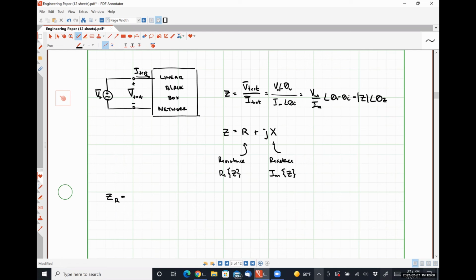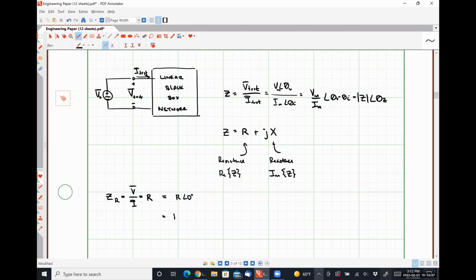And so from that, the impedance of a resistor, V over I, is literally just the resistor value itself, which as a polar form complex number looks like R angle 0 degrees.